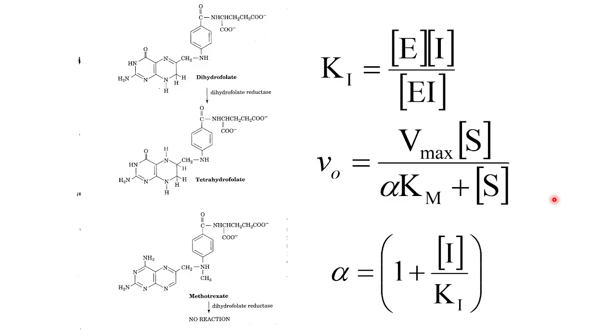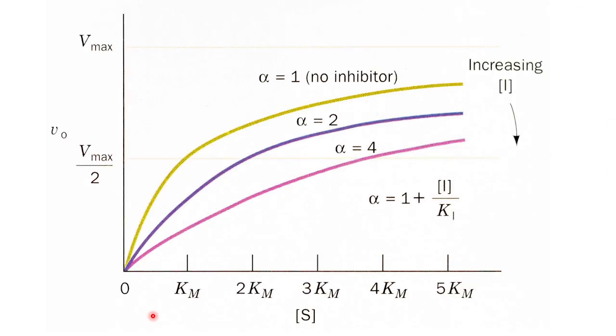And there is a factor alpha, where alpha equals 1 plus inhibitor concentration divided by the Ki. So V naught equals V max times substrate concentration divided by alpha Km plus substrate concentration. So that is entirely the competitive inhibitor kinetics.